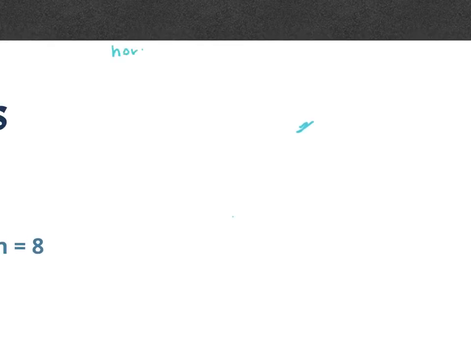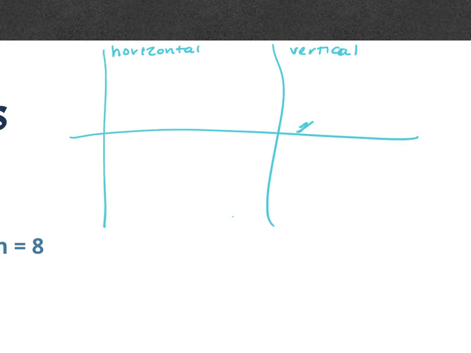There's two different kinds, horizontal and vertical. And within them, there's two different kinds, a center at 0, 0, and a center not at 0, 0, so we're going to call it HK.